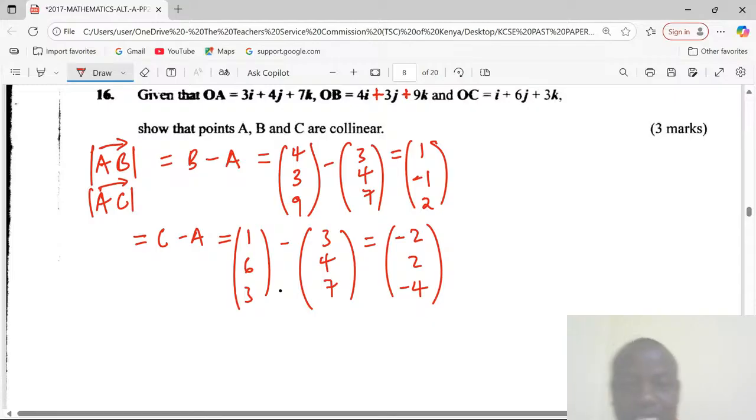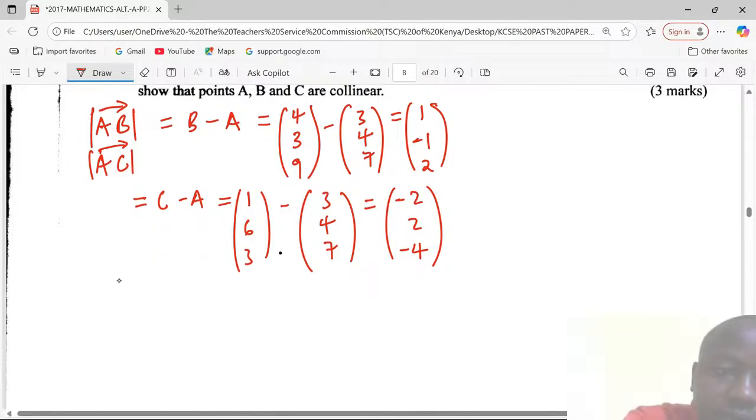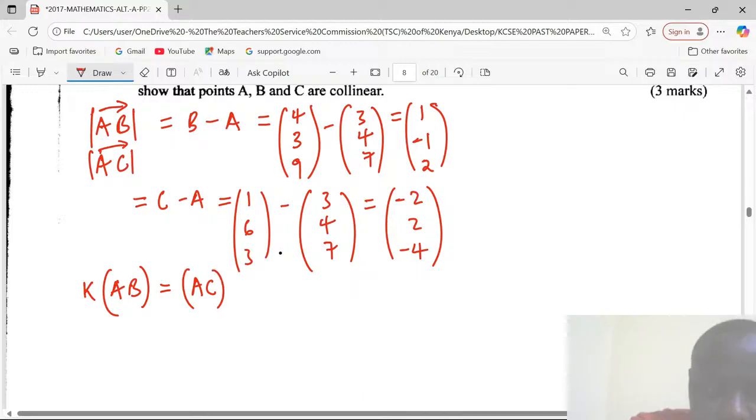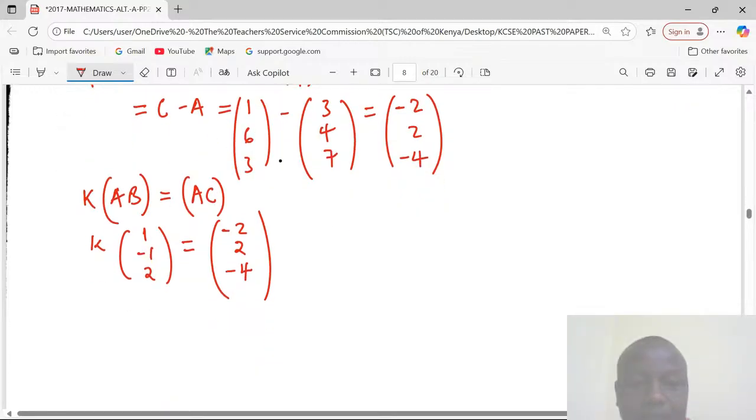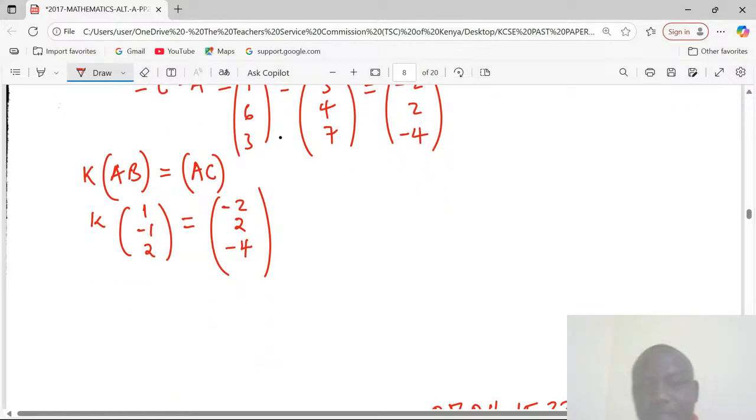Is one of the vectors a scalar multiple of the other? For example, AB should be multiplied by a certain scalar multiple K to give us AC. Is that true? K multiplied by the first vector equals the second vector. Let's use the x components: K equals negative 2.